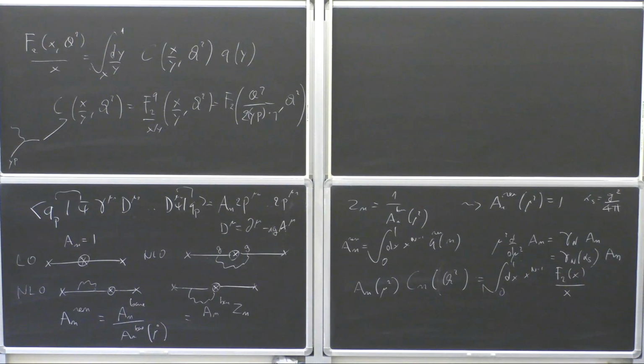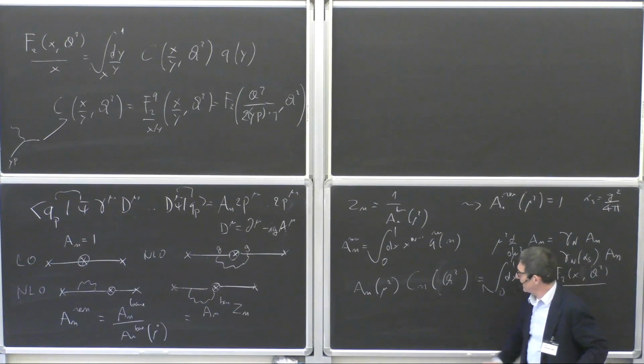This is what we had yesterday and where we started from when we did the Wilson expansion. But now you notice that it looks like there is a mismatch of arguments between the two sides of the equation, because the right-hand side is a physical observable. So it can only depend on physically observable quantities. So it can only depend on x and Q squared.